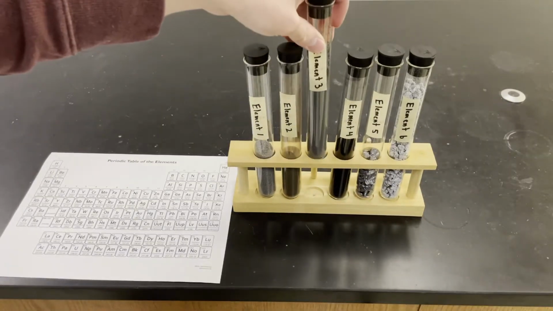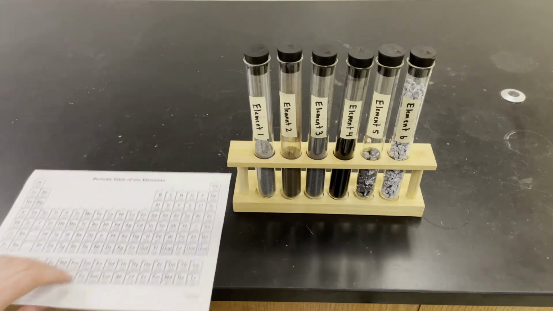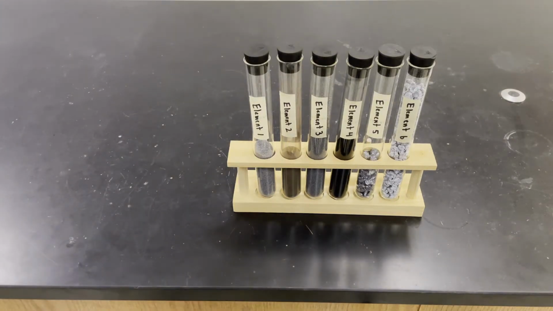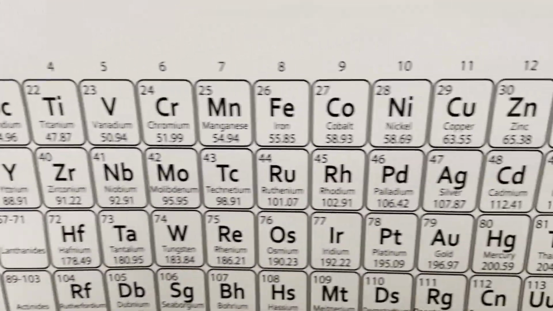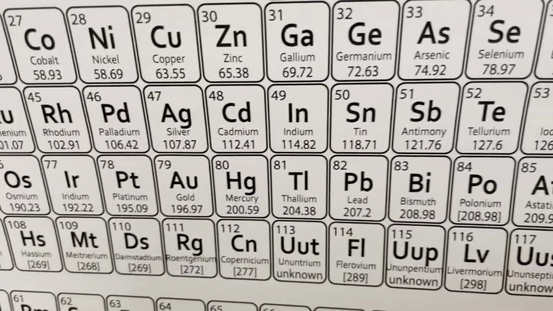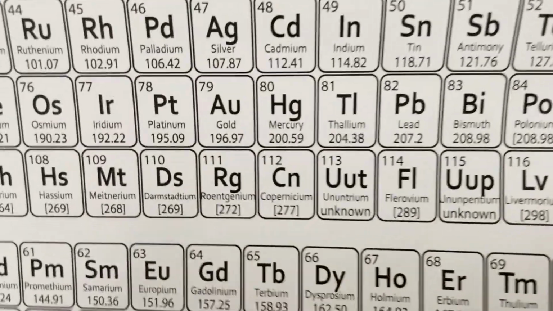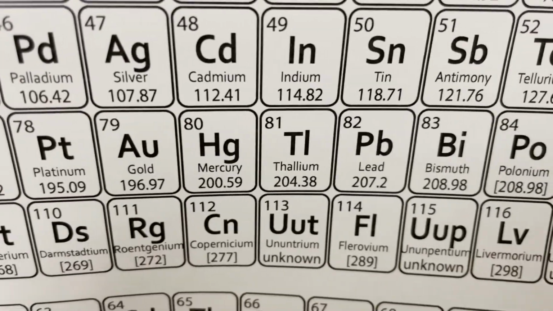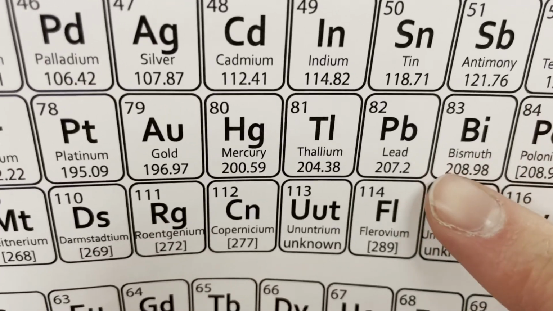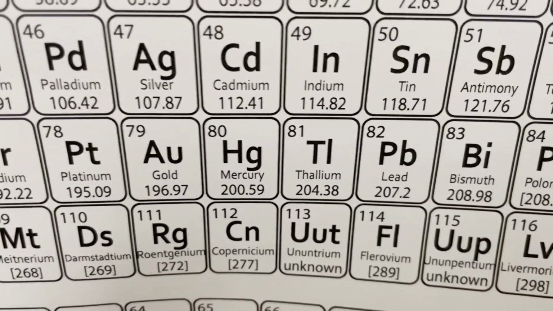To identify it, I just need to figure out what single element has a molar mass of 207.2 grams per mole, which, okay, all these are way too small. Oh, that's getting, there we go, down near the bottom. Lead. Lead has a molar mass of 207.2 grams per mole.